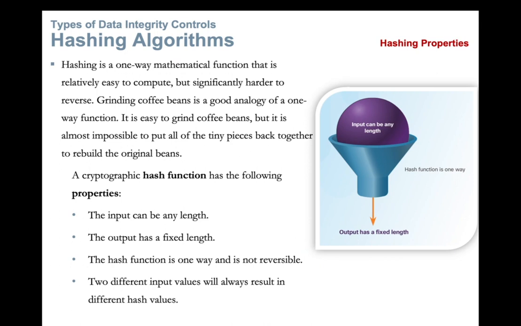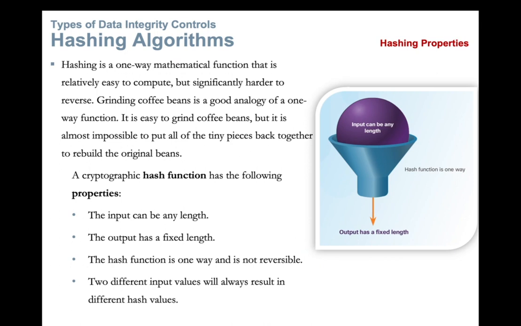Grinding coffee is a good analogy of a one-way function. It is easy to grind coffee beans, but it is almost impossible to put all of the tiny pieces back together to rebuild the original beans.